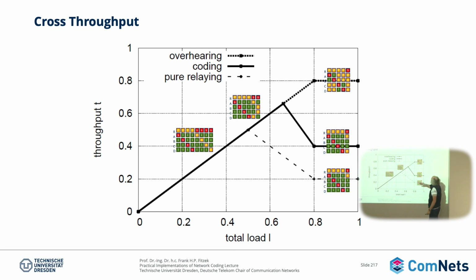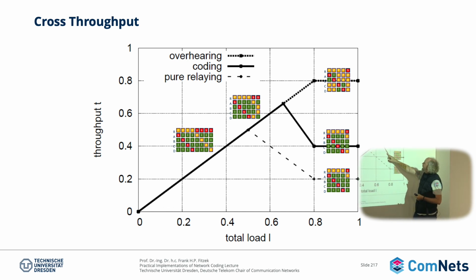So the other one, where we use an XOR in the same flows, what we will see is we go up, way better than this point, but at a certain point we will reach this point and go down again. So what you see here is the end capacity here is 20%, here the end capacity is 40%.